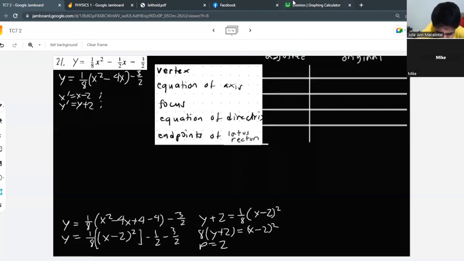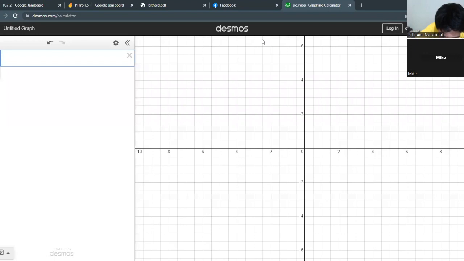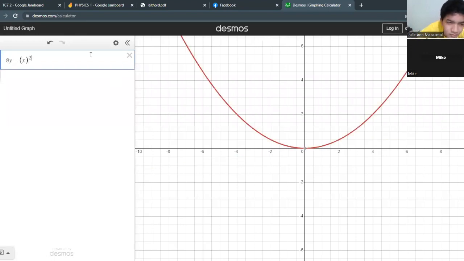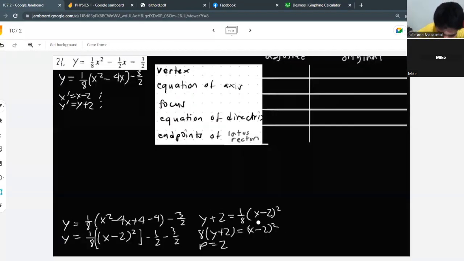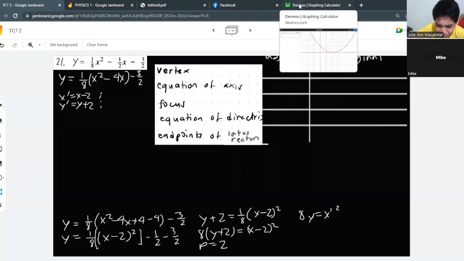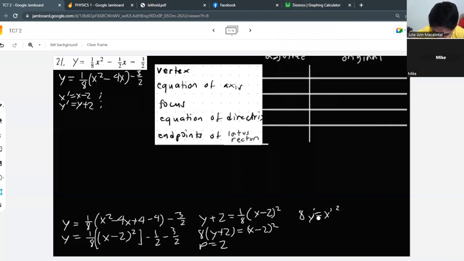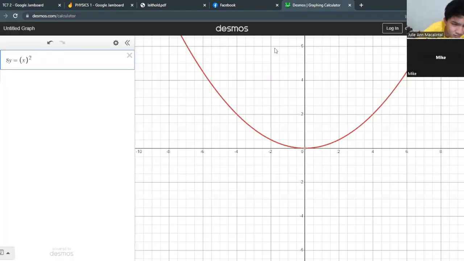So in the primed axis, sorry, before that, let's first write the equation in terms of the primed. So 8y prime, the 8y prime, dropping the prime, is equal to x prime squared. So 8y equals x squared.